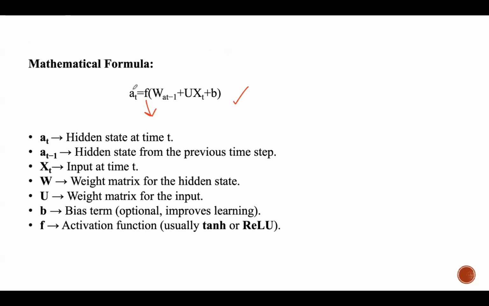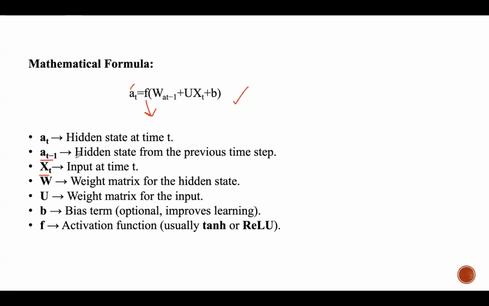Then coming to all these components. This A_t is nothing but the hidden state at time t, which represents the memory of the network at time step t, and is computed using the previous hidden state A_t minus 1. So A_t minus 1 is used to predict this A_t, as well as the current input x_t. So both of them are used.